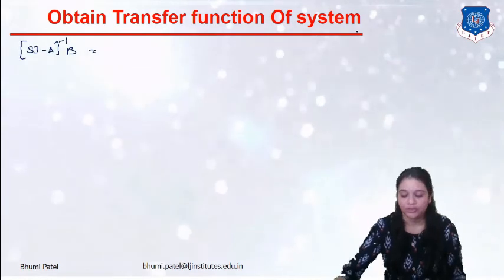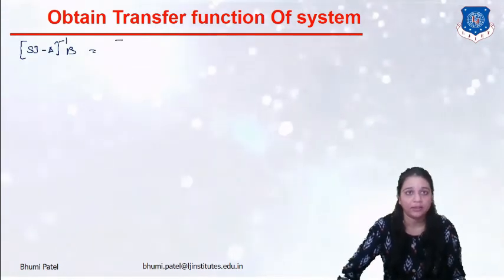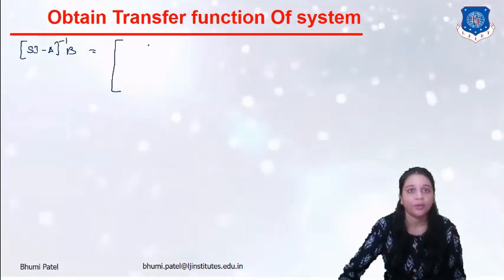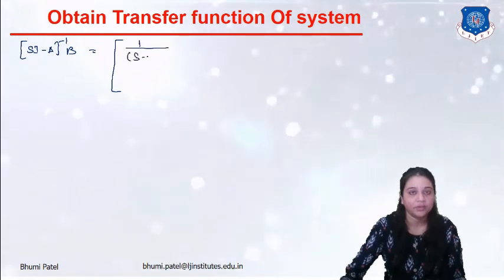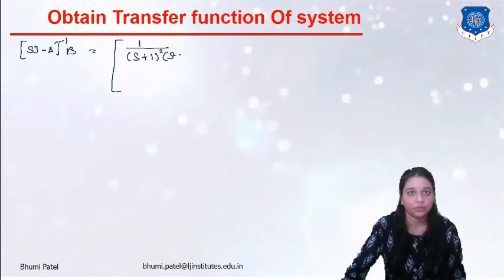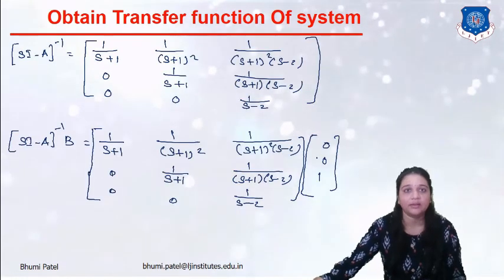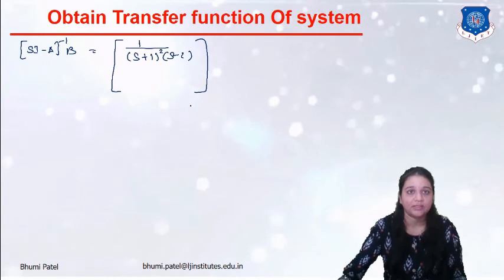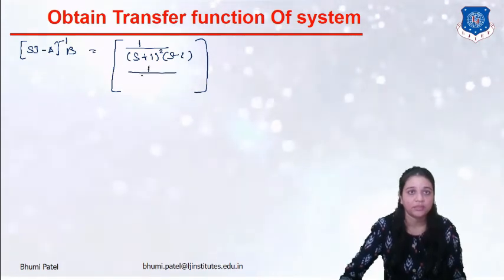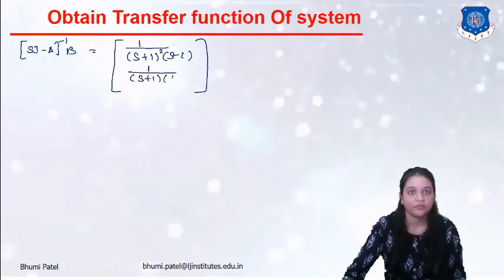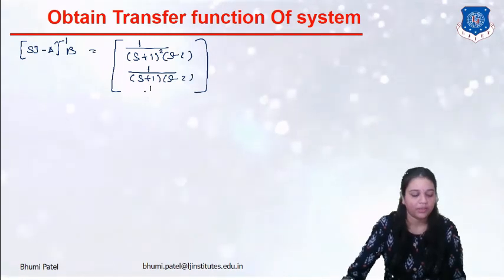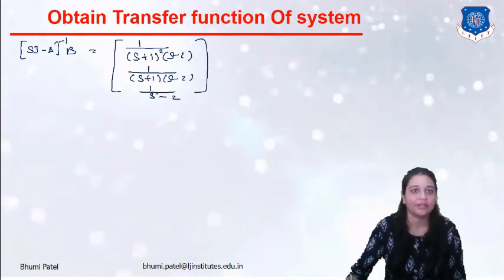So we can get only the last term and it is 1 upon S plus 1 whole square S minus 2. For the second row again the first two terms are 0 and we can get the last term. So the last term is 1 upon S plus 1 S minus 2. And for the third value it is 1 upon S minus 2.